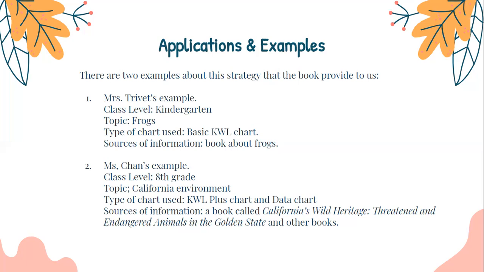Ms. Chan's students have learned about endangered species. Students write about why these species are endangered and what they can do to stop this problem. And as a source of information, the students will be using a book called California's Wild Heritage. Okay, so in fact, these are the two examples that the book provides to us on how we can use the KWL chart and the data chart.